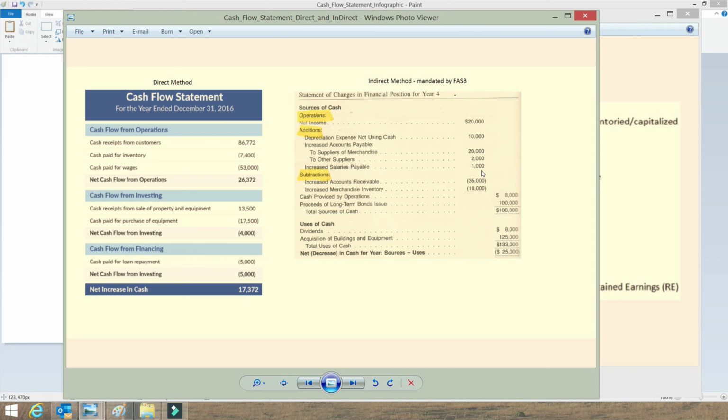Let's start talking about the different terms and what they mean when people talk about cash flow. Well, here on the indirect method cash flow statement, there's a line item that says cash provided by operations. In this case, it's showing $8,000. Well, that number is often referred to as cash flow, and it's intended to reflect the organic flow of cash.